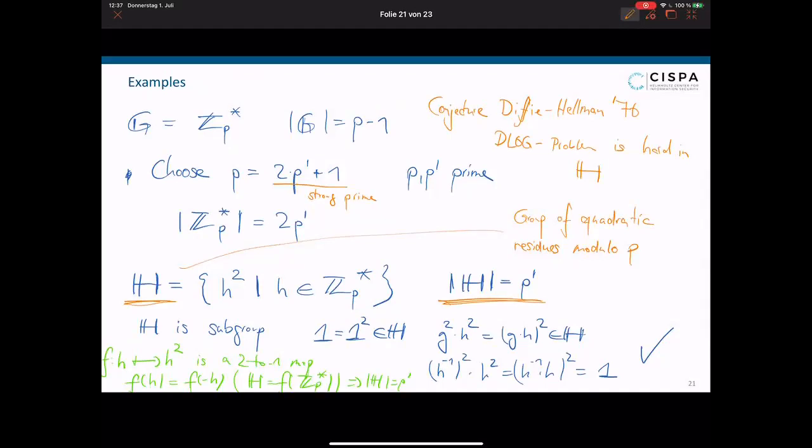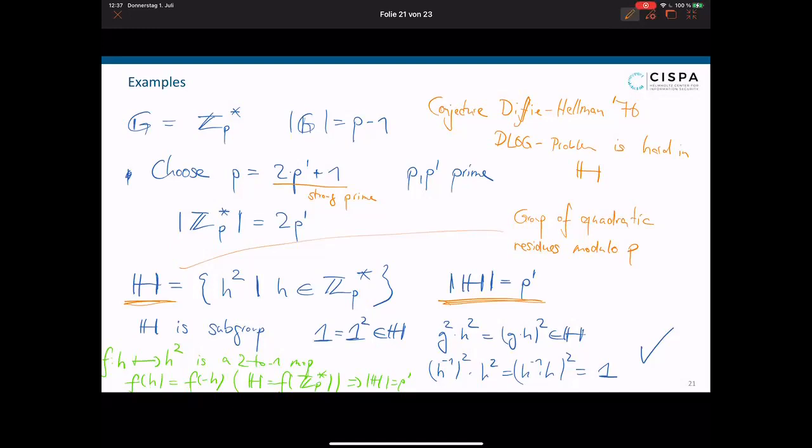So computing discrete logarithms in this group H, we assume is hard. People have been trying for more than 40 years to break this. Now, there are of course always some cases and conditions to this, but at least in terms of classical algorithms, no one has found a classical algorithm which can efficiently compute discrete logarithms in this group for a large enough P, where P is a prime of security parameter bits.